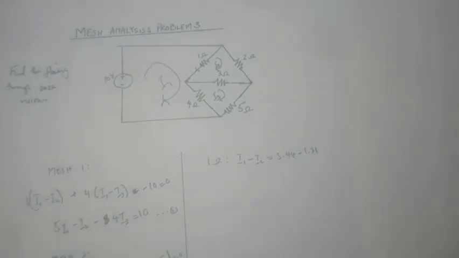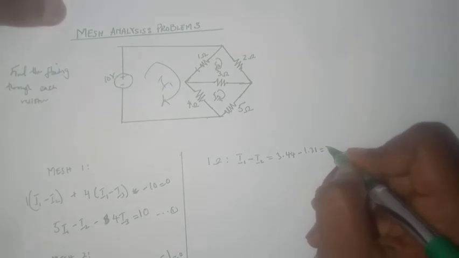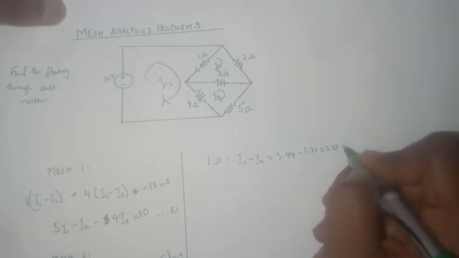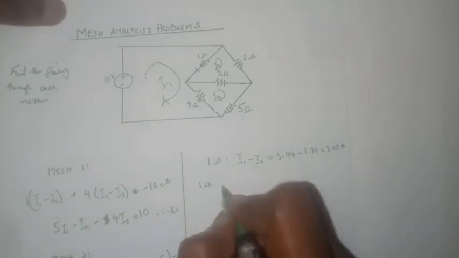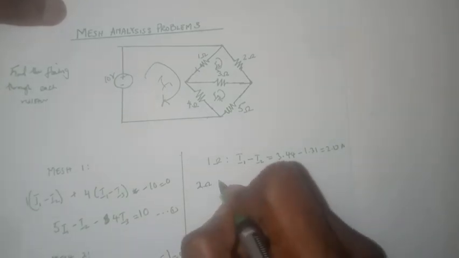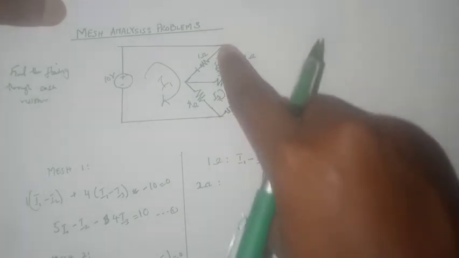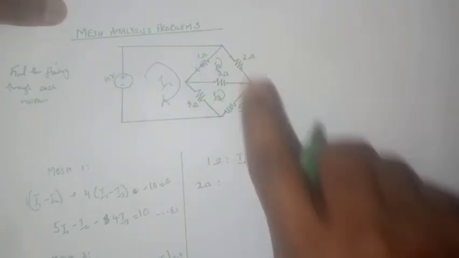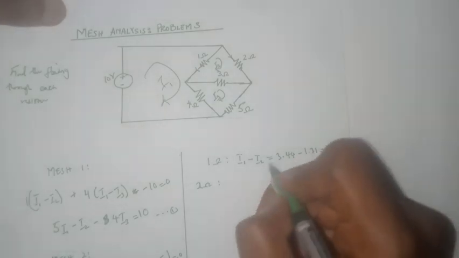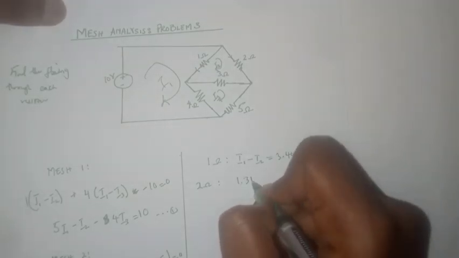Okay, that would be 2.13 amperes. Then the current flowing through the 2 ohm resistor in this direction would be the I2 current, which would simply be 1.31 amperes.